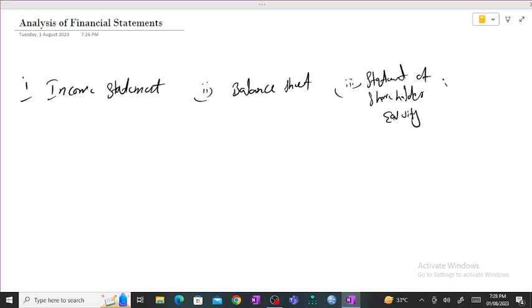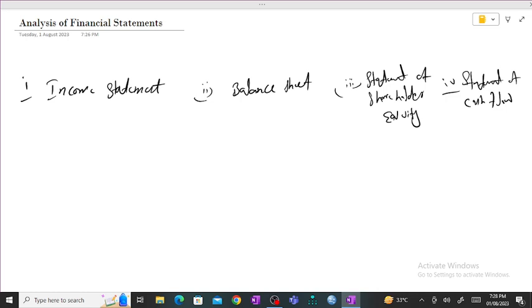While the last one is the statement of cash flow. So I will give you a very short idea of what these financial statements are all about. Then we will move on to today's topic.